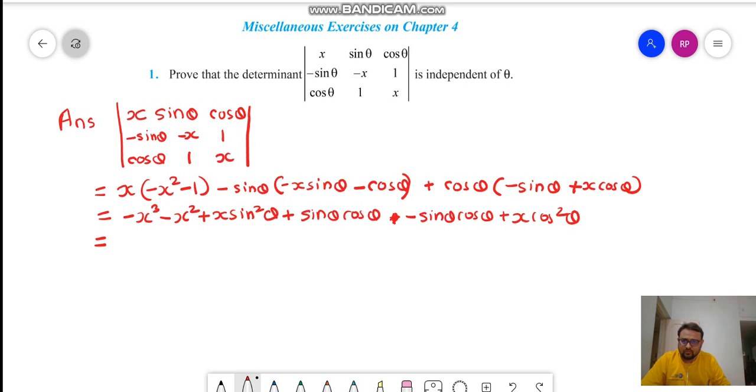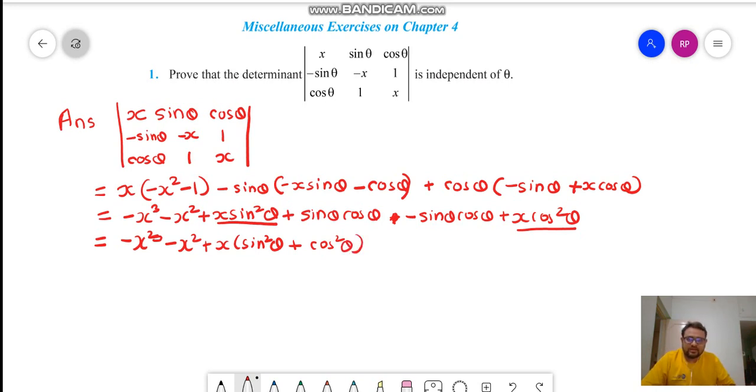So now let's solve it further. This is equal to minus x cube, sorry, it's x cube minus x square. Now see, this x sine square theta and x cos square theta, if I take x common, it will be x into sine square theta plus cos square theta.